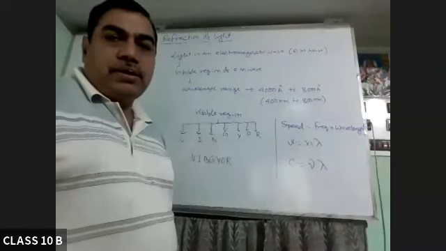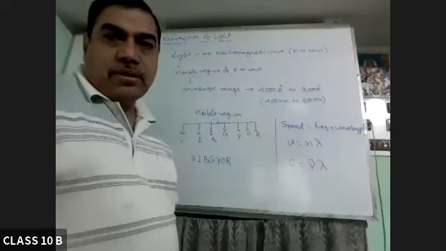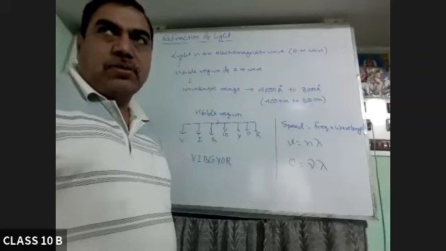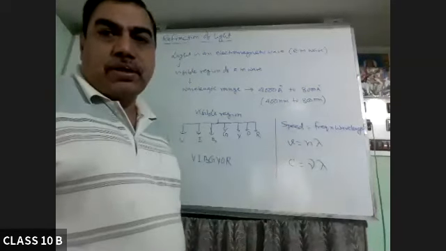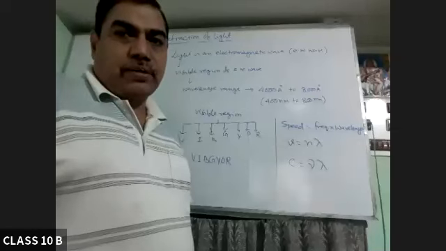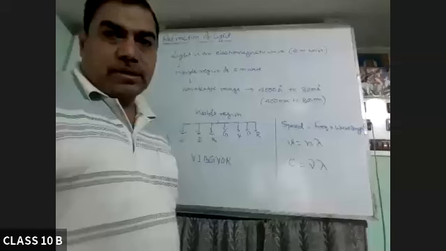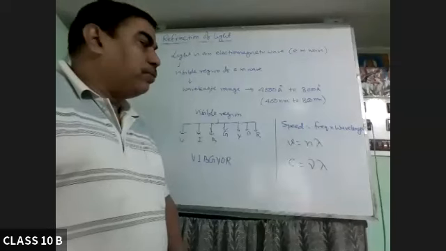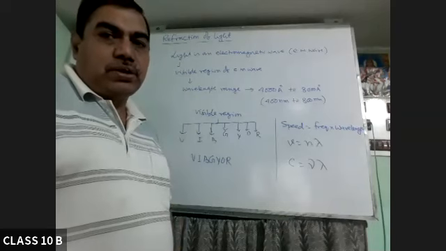And wavelength is the distance between two consecutive crests or two consecutive troughs, or two consecutive compressions or two consecutive rarefactions. In case of a longitudinal wave, as sound is a longitudinal wave, it will be the distance between two consecutive compressions or two consecutive rarefactions.